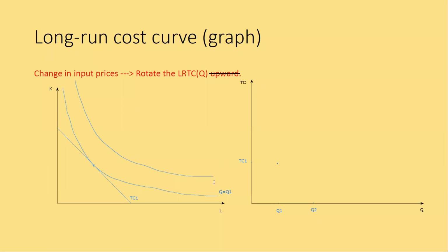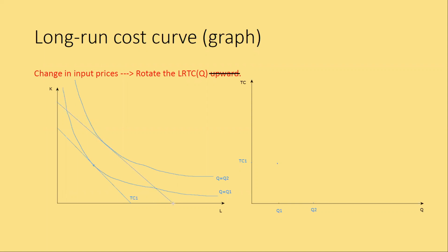Perhaps this is the isoquant corresponding to Q equals Q2. We can again solve the firm's cost minimization problem, finding the isocost line that is tangent to our isoquant.